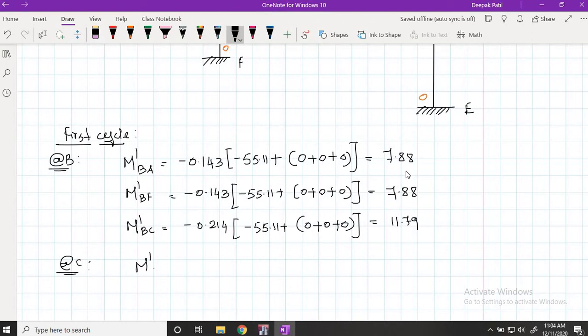For M dash CB, the rotation factor is minus 0.25. The summation of fixed moment is 4 plus.